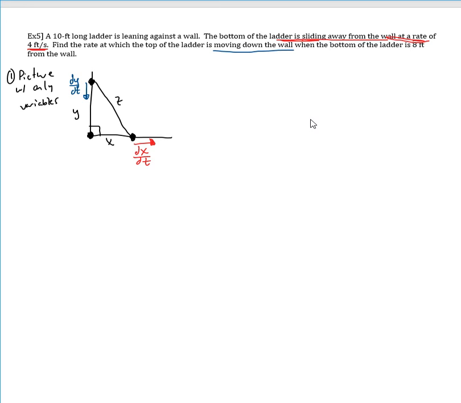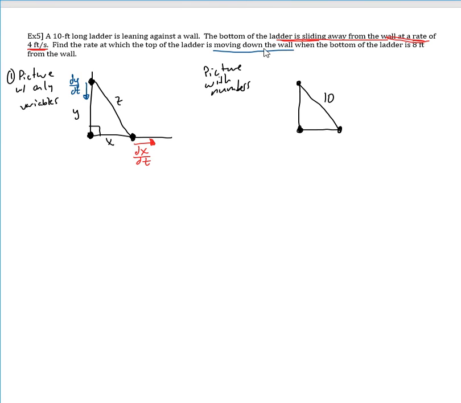And then let's also get a picture with numbers involved. I'm going to do that separately. You could put them here, but I usually like to do them separately. And this one, I'm just going to draw just the triangle. Then let's put down what else they said. They said a 10-foot long ladder is leaning against the wall, so that's 10.